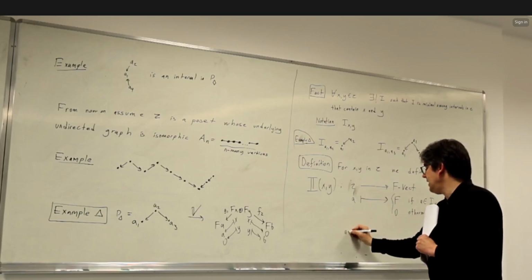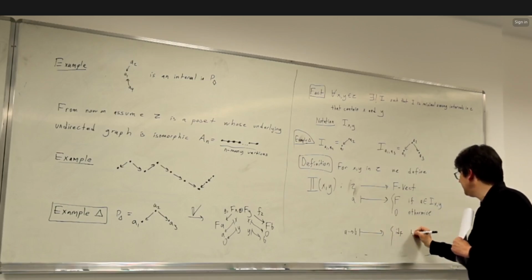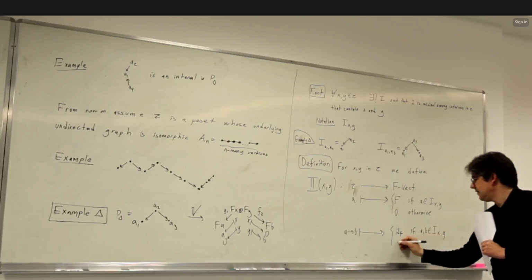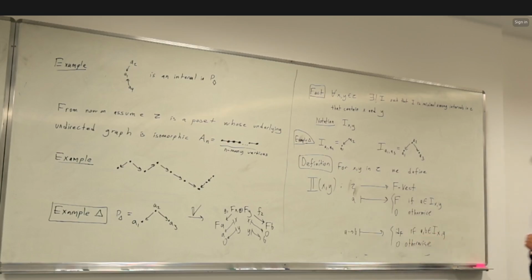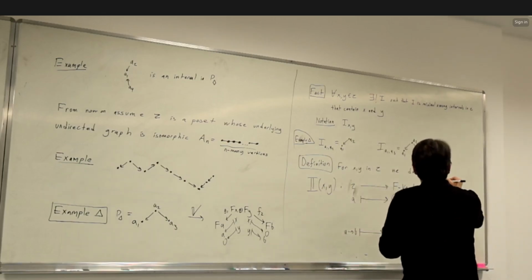And it sends AB to the identity on f if A, B are both in this interval, and to the zero morphism otherwise. So you have these interval modules.